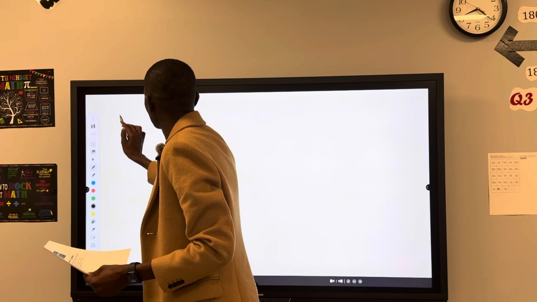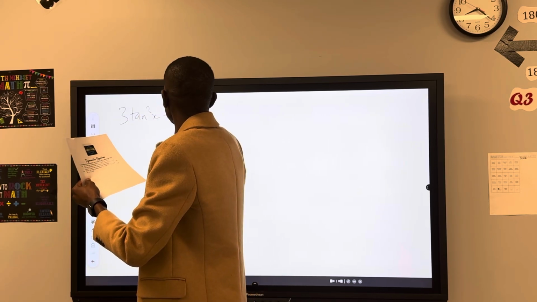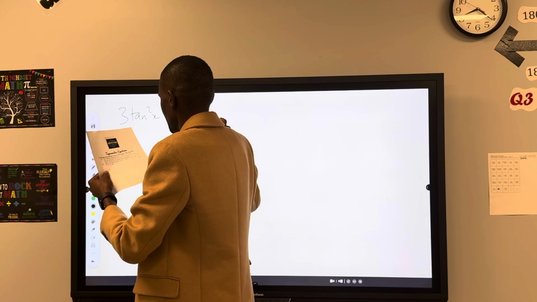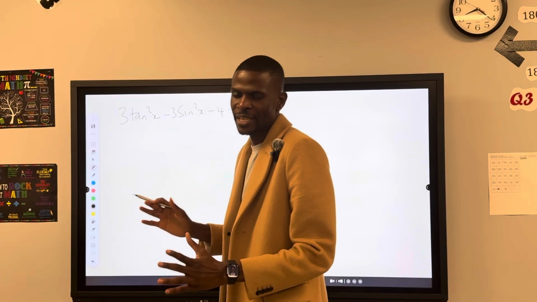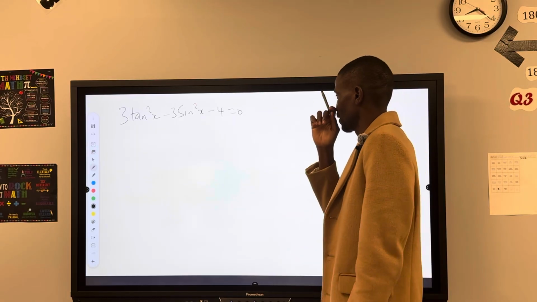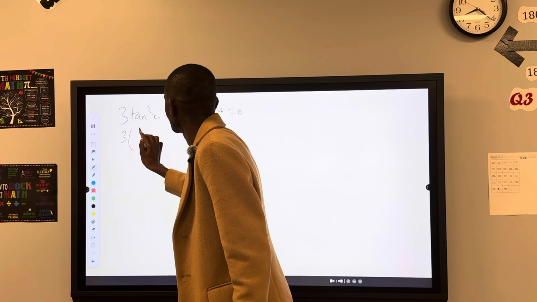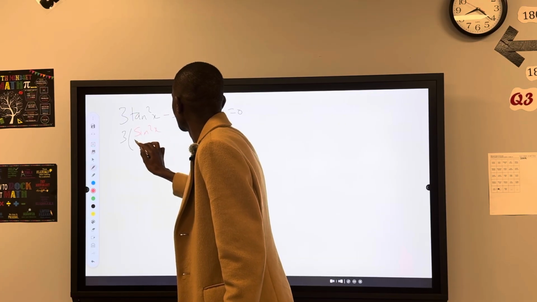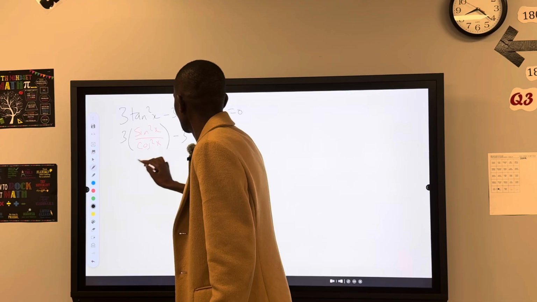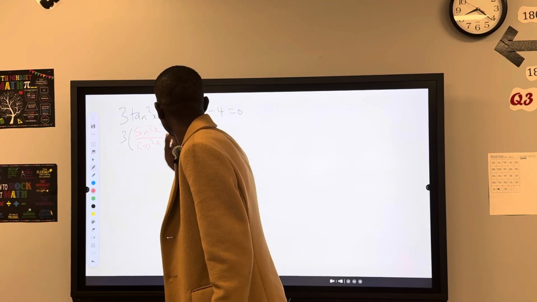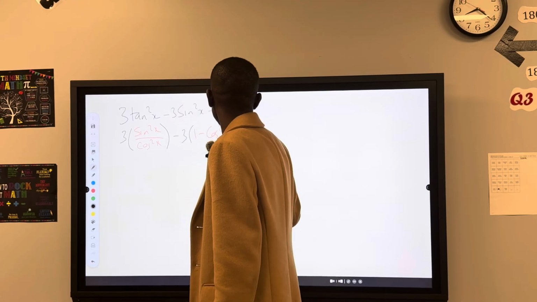All right, so it's 3 tan squared x minus 3 sine squared x minus 4 equal to 0. We want to rewrite that in terms of cosine. So what I'm going to do is rewrite this as 3 sine squared x over cos squared x, minus 3 times 1 minus cos squared x, minus 4.